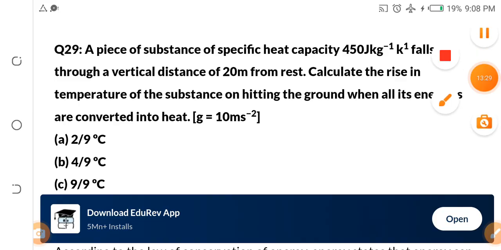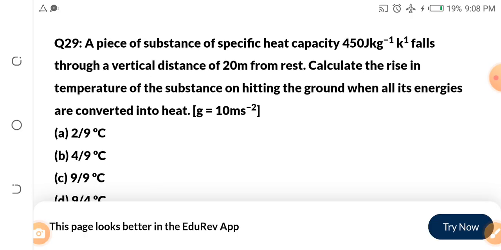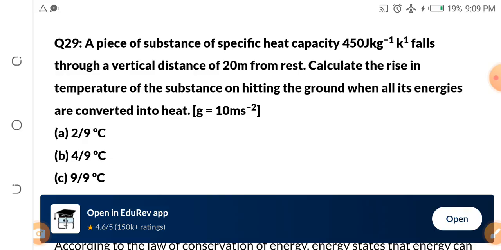A piece of substance of specific heat capacity 450 falls through a vertical distance of 20 meters from rest.